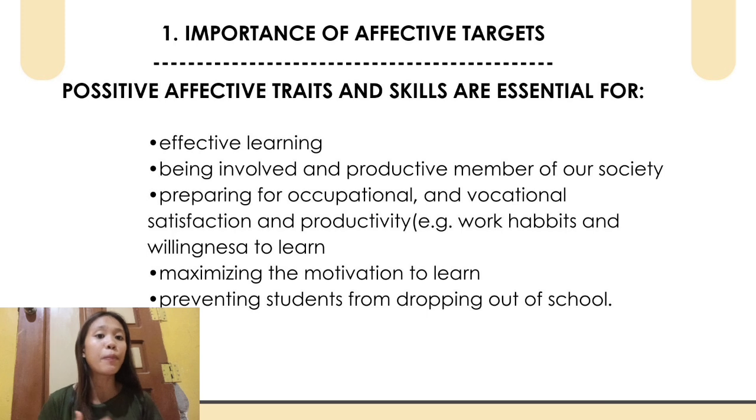This emphasizes developing skills and habits that will help students find fulfilling careers and be successful in the workplace. So it includes things like work ethic, problem solving, and teamwork.